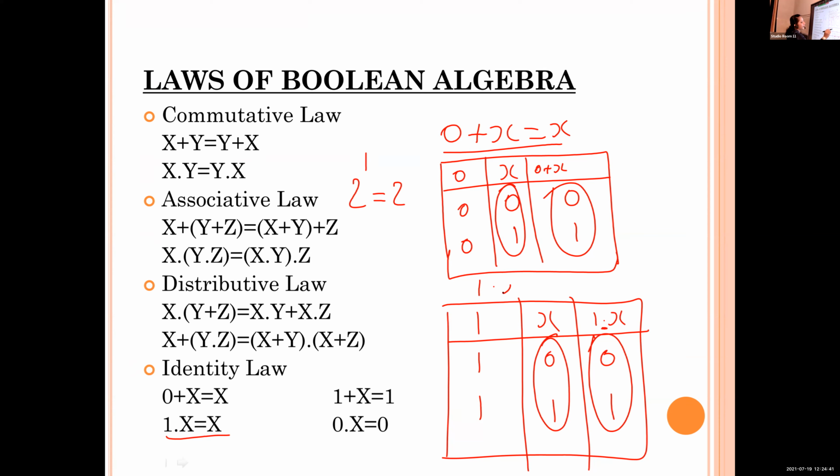One into x is equal to x because x is 0, 1 and 1 into x is also 0, 1. Then prove these two also: 1 plus x is equal to 1 and 0 into x is equal to 0.